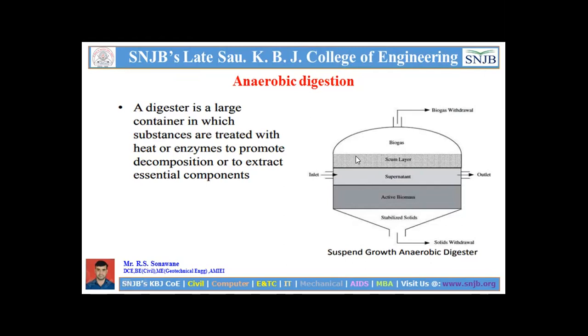This is the inlet of the organic matter, and this is the outlet. This is called a suspended growth anaerobic digester. After decomposition of all the organic matter, it can be withdrawn through the bottom of the unit, that is, solid withdrawal.